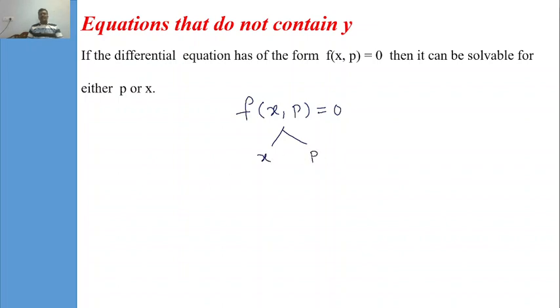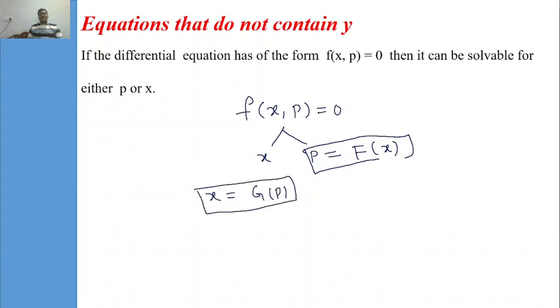The first case, if it is solvable for p, then it can be expressed as p equal to f of x. By using the variable separable method, we get the required solution. If it is solvable for x, then it can be expressed as x equal to g of p. By using the method of equations solvable for x, we get the required solution.